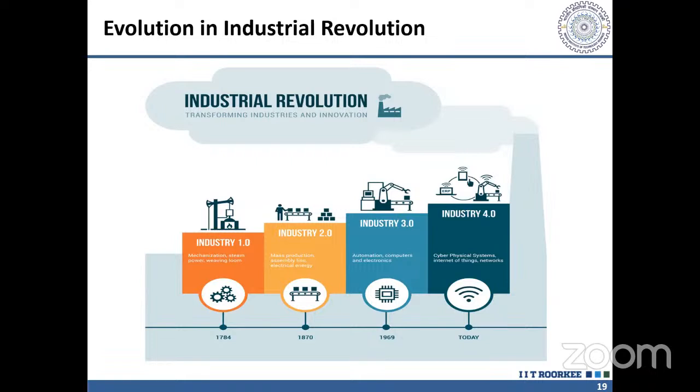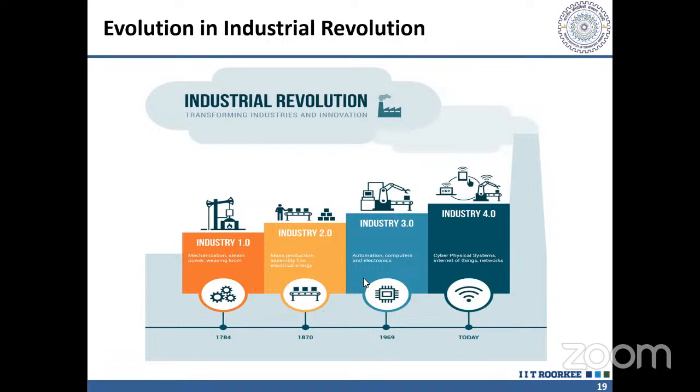This revolution transformed the way goods were produced and led to the growth of urban centers. Industry 2.0 is basically based on mass production, assembly line, and electrical energy, and it began in the late 19th century. The adoption of electricity enabled the use of more complex machinery and production processes so that it can increase the efficiency and the productivity of the industry.